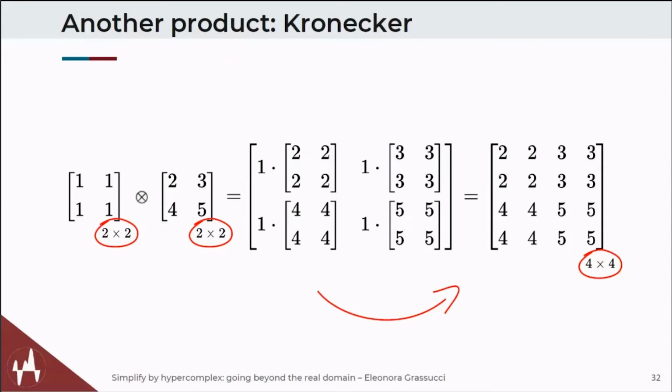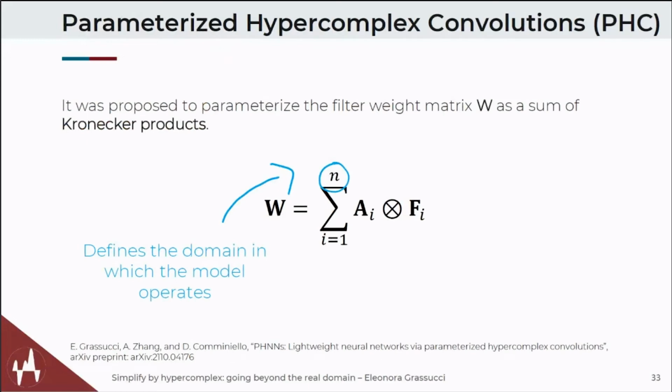That's crucial in our approach. Why? Because we're talking about parameterizing hypercomplex layers, fully connected layers, convolutional layers, and so on. Because we can basically build the neural network weight matrix as a sum of Kronecker products.